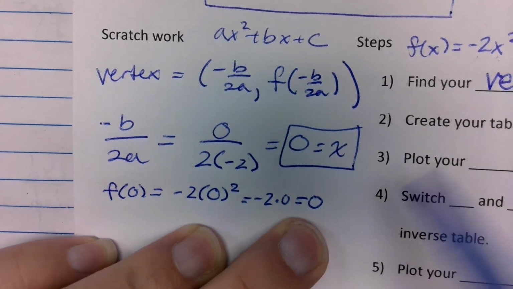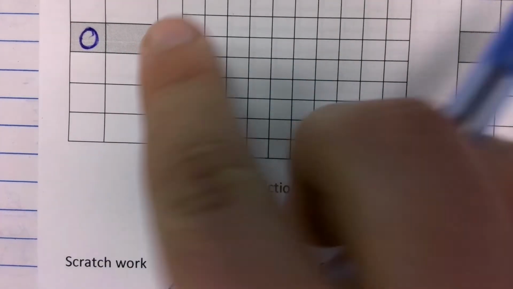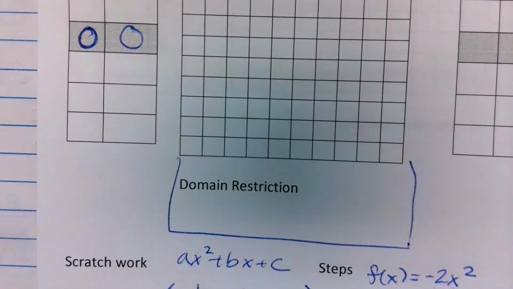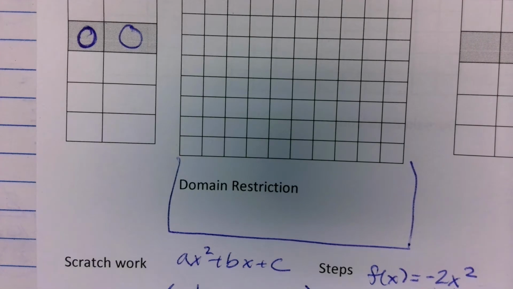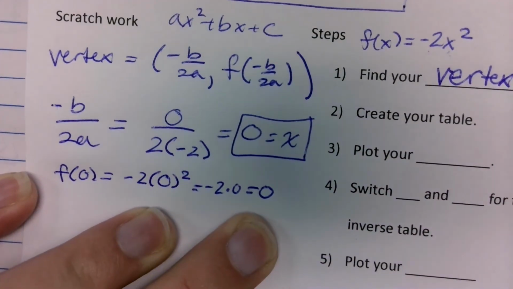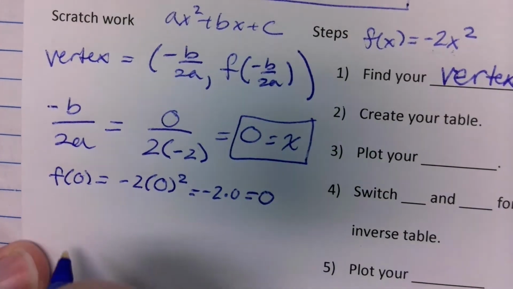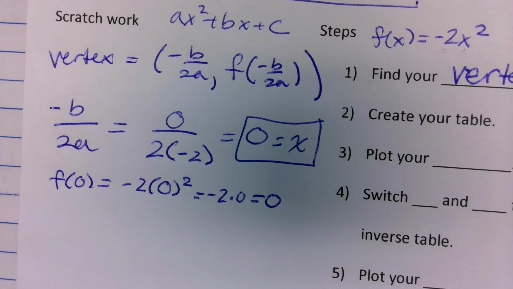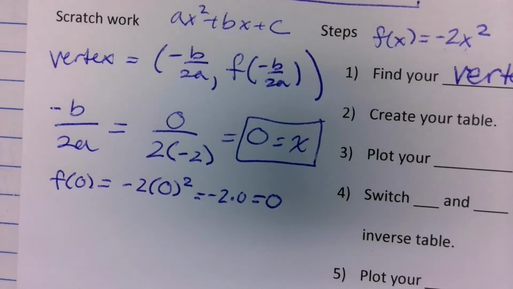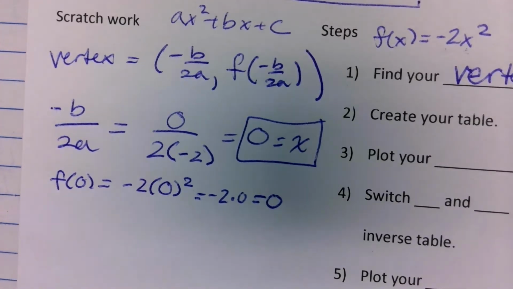I'm going to fill that in on the table. I still see like 5 or 6 people writing, so I'll give you a minute, and then I'm going to scroll up to the table.